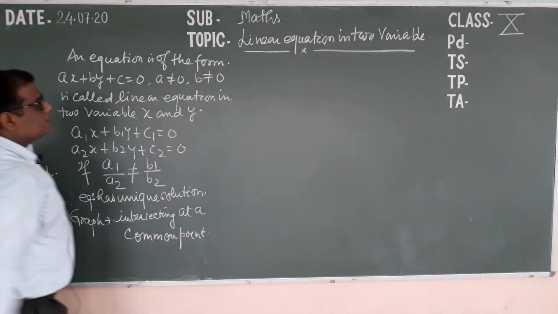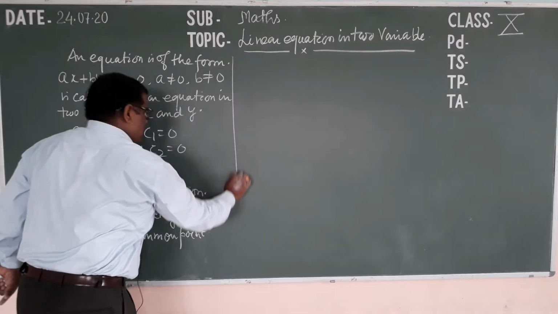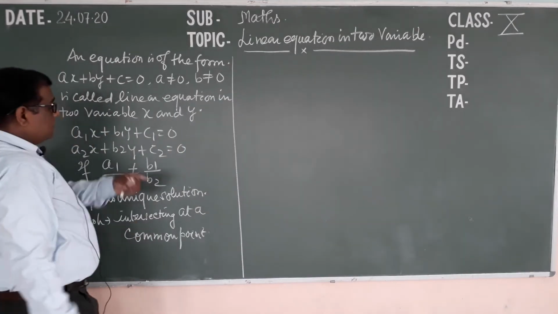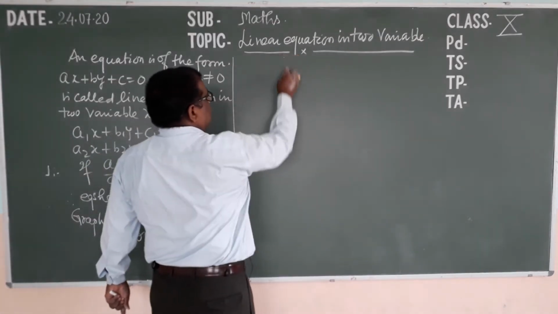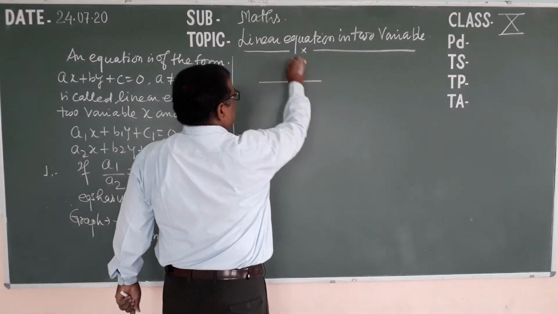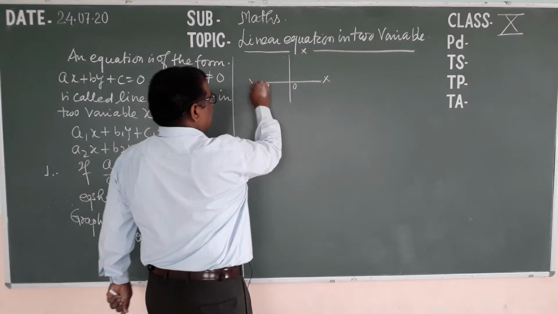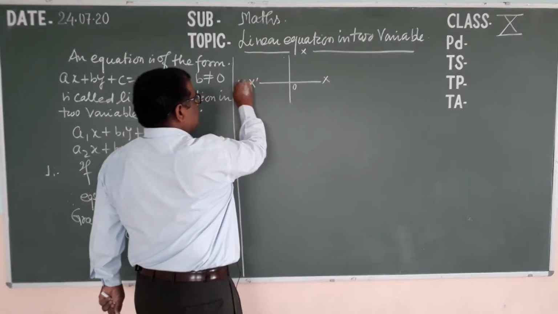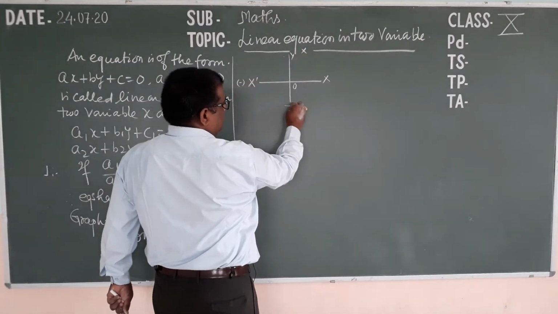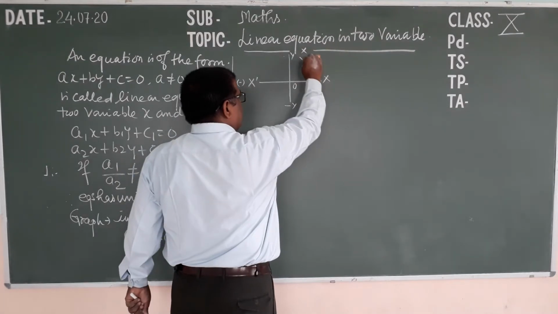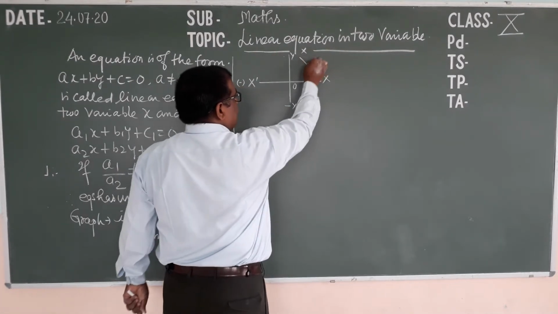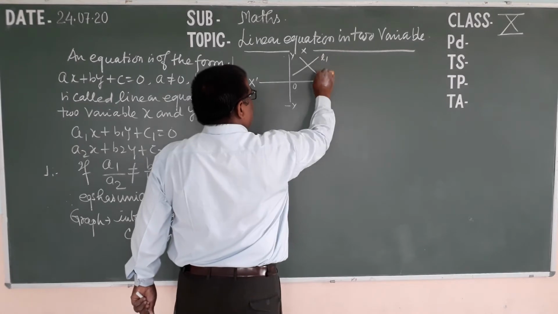Look here, the graph will be of this type. Suppose this is the x-axis and y-axis, with origin, x dash, and negative y, that is y dash, and both graphs, the first line and the second line, L1 and L2.